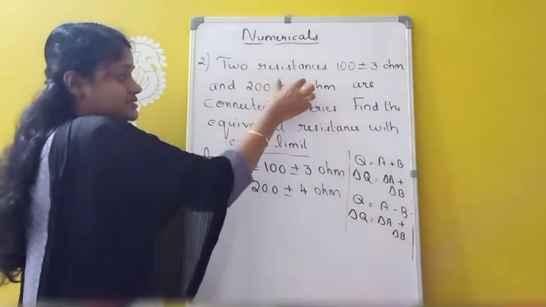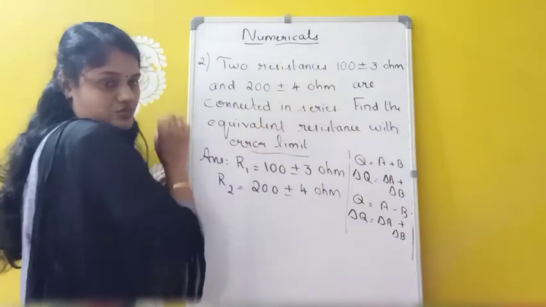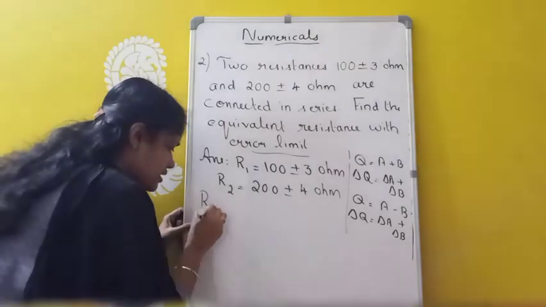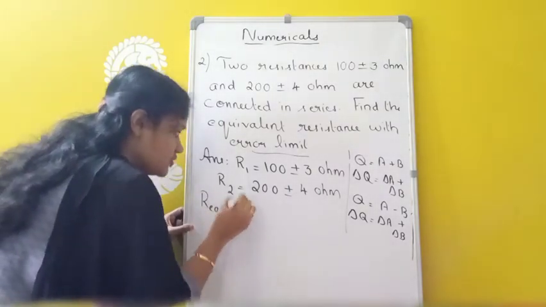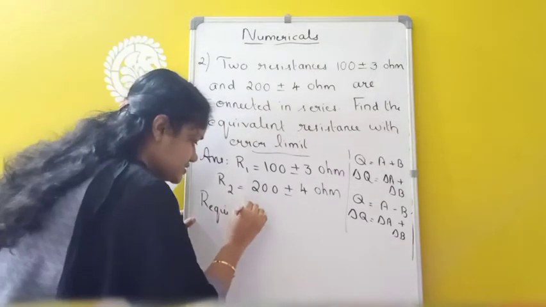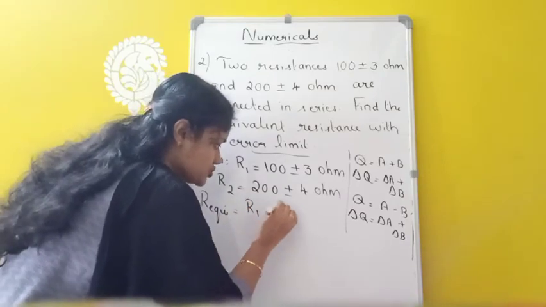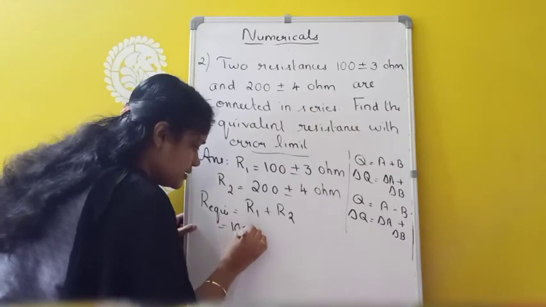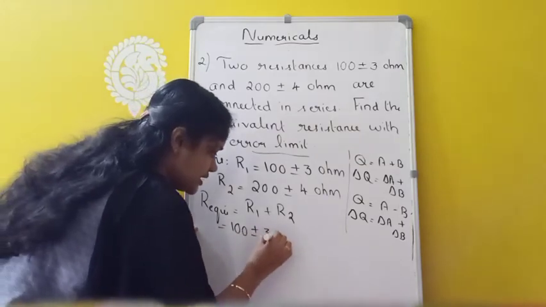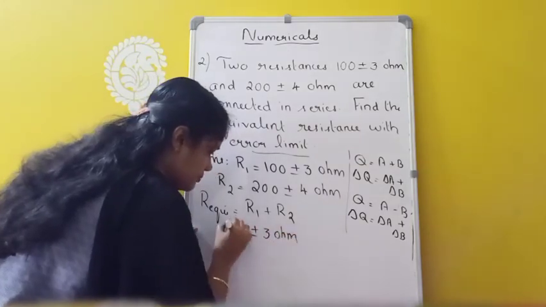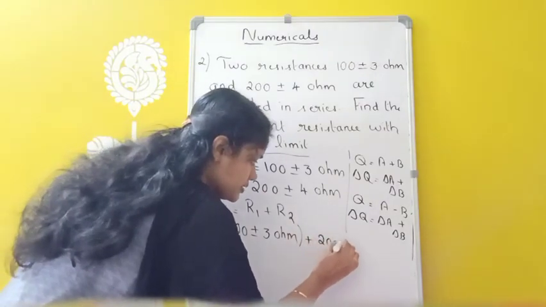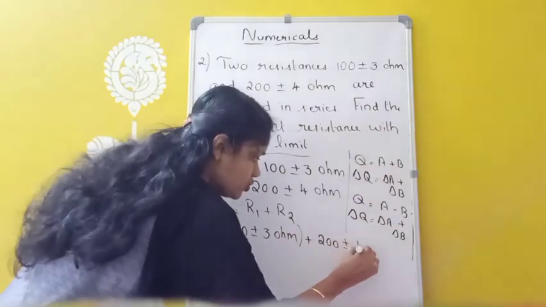Here both the resistors are connected in series. So how will you find equivalent resistance? R equivalent equals R1 plus R2, that means 100 plus or minus 3 ohm plus 200 plus or minus 4 ohm.